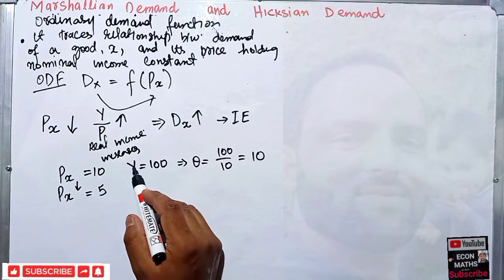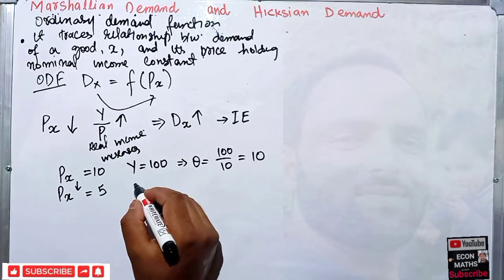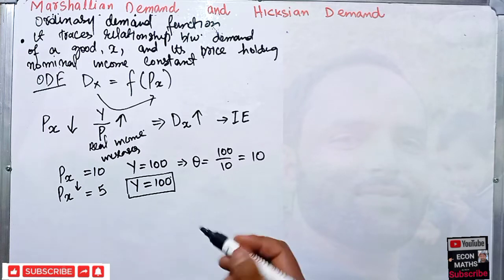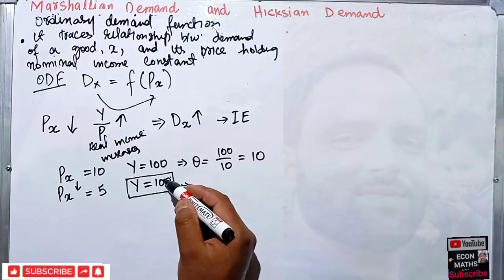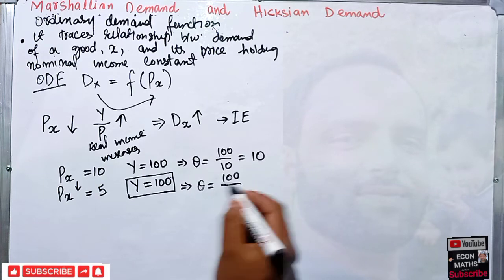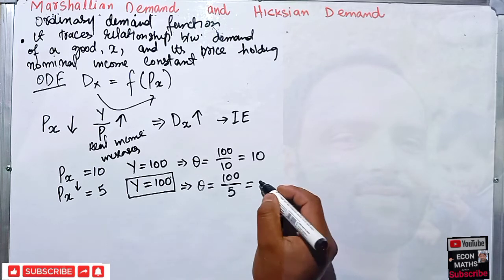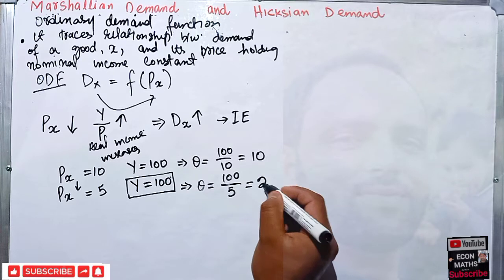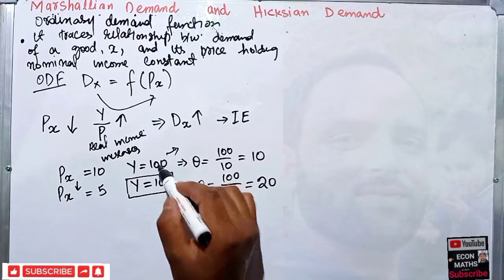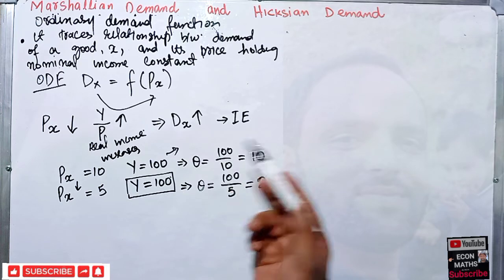Nominal income will remain the same, but real income will change. How? Because with the same 100 rupees, quantity demanded would increase. 100 divided by 5, since price has decreased from 10 to 5, we can demand 20 units of good X. Although the nominal income is the same, real income has increased. So this is the income effect.